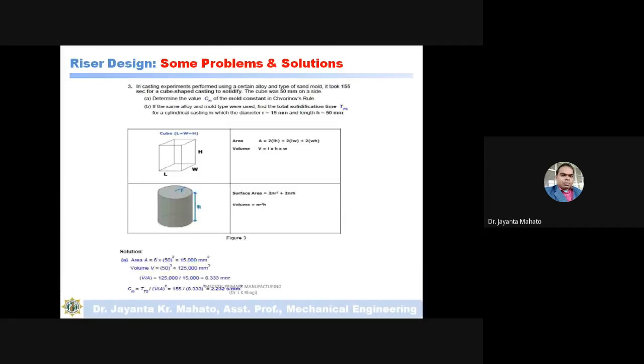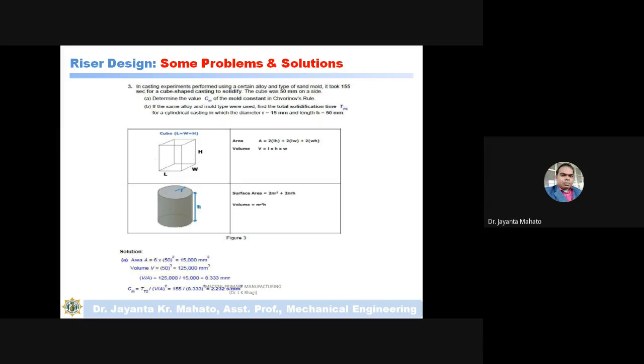Okay, and if the solidification time is calculated, then from the solidification time you can calculate the volume of the metal, how much metal you are pouring, in the volume of the cast, and just getting the MC, the modulus of the casting product.